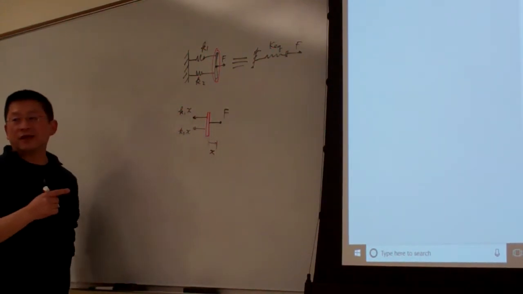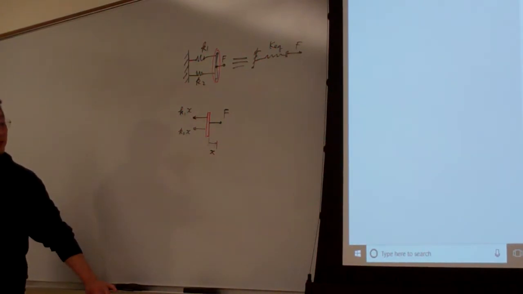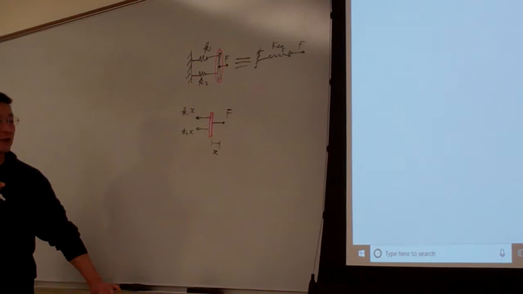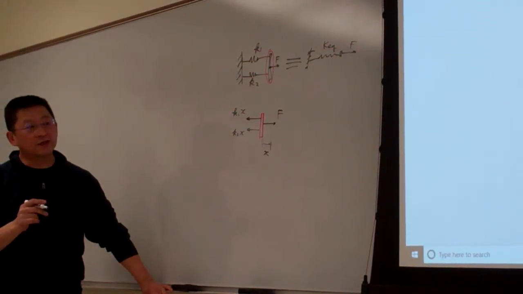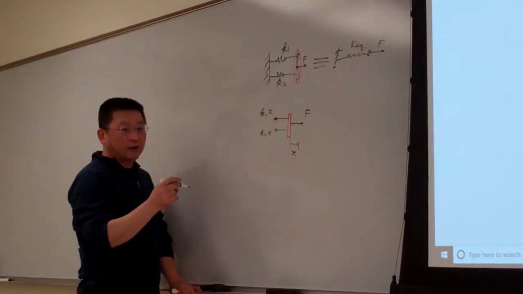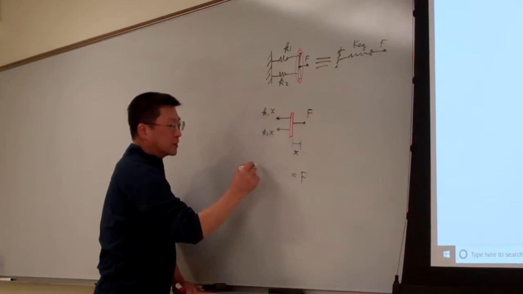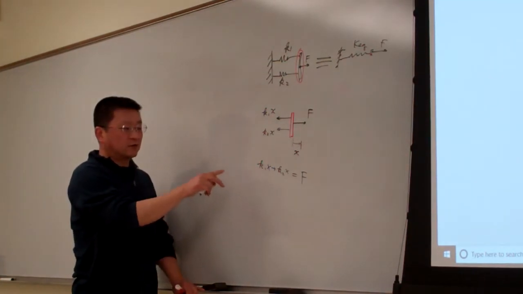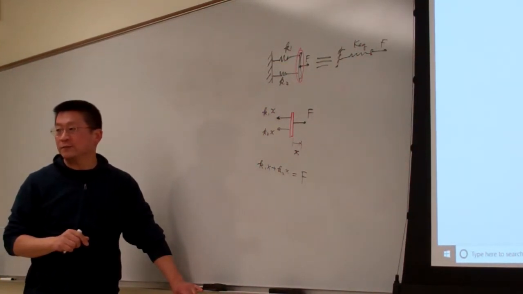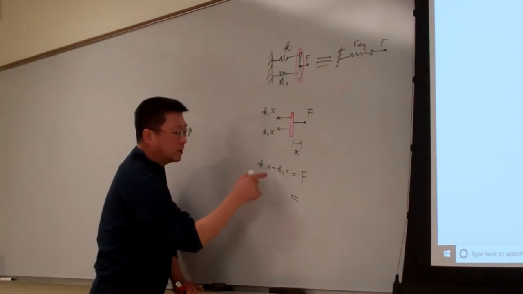That is the free body diagram, and this system will be in static equilibrium. For this modeling, we assume everything is in static equilibrium. So by force equilibrium, the force equals K1x plus K2x. That is the result of the force equilibrium. And from mathematics, you can see we can keep writing the two terms.